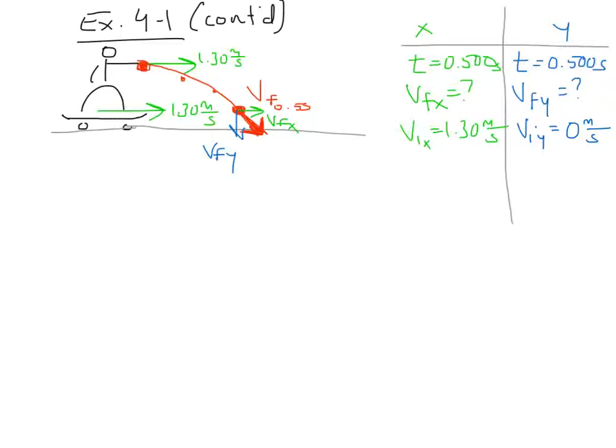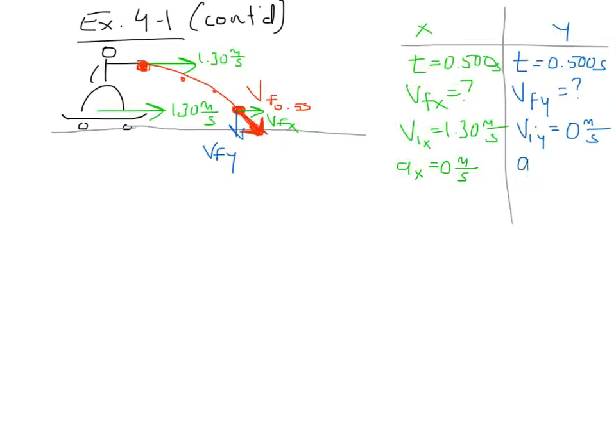Okay. Well, what else is going on? There's no acceleration in the x direction, right? So acceleration in the x direction equals 0 because there's nothing accelerating it forward. But there is an acceleration in the y direction.